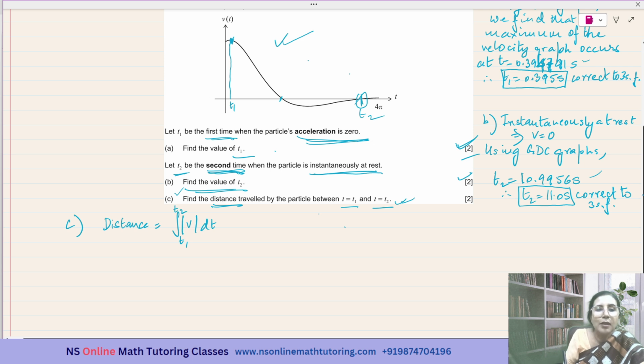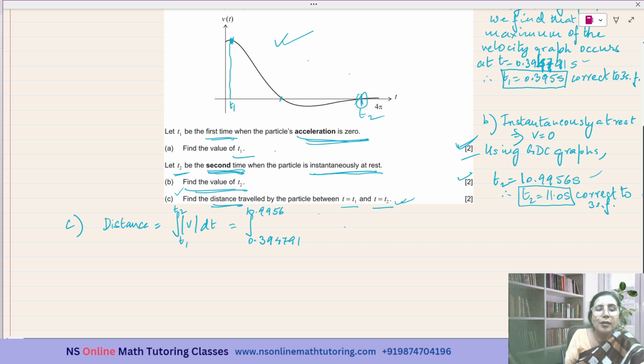So T1 is equal to 0.394791 and this one is 10.9956.